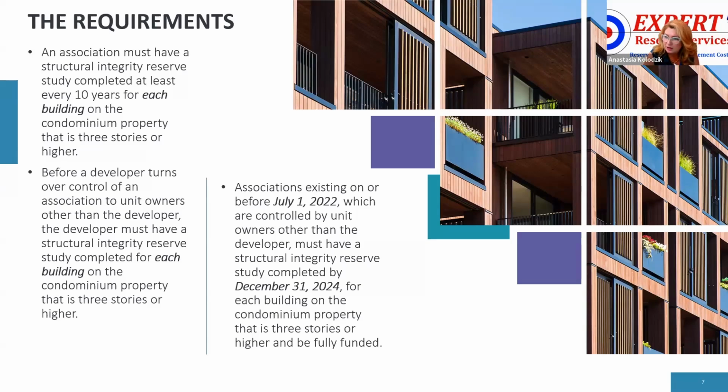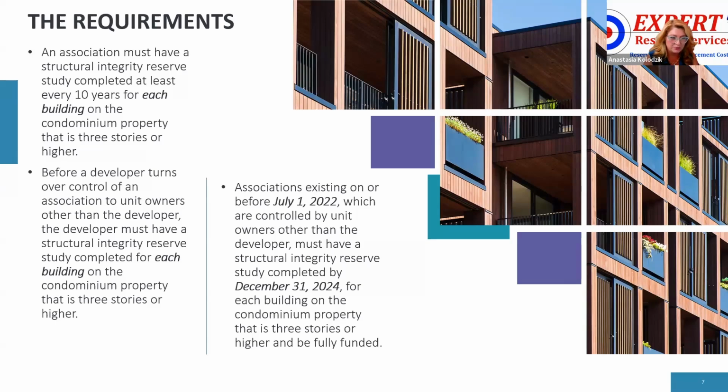This requirement applies to any association existing on or before July 1st, 2022. So if your association was created on June 30th, 2022, you still have to have a SIRS. You don't have to have a milestone, but you have to have a SIRS. So that's another point of confusion that we experience a lot, the differences between milestone and SIRS.